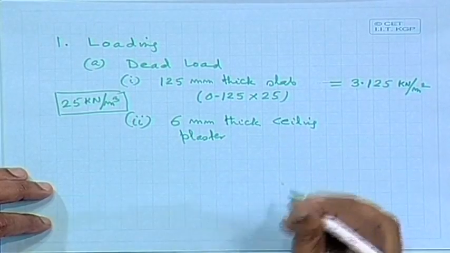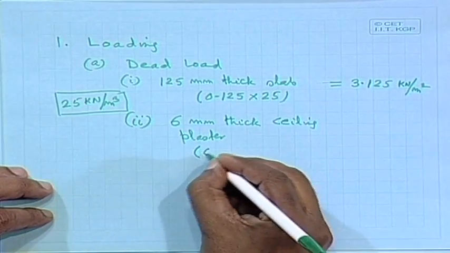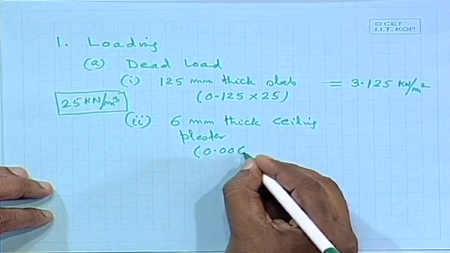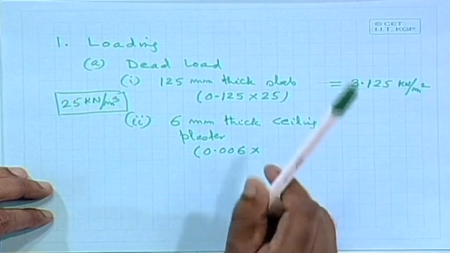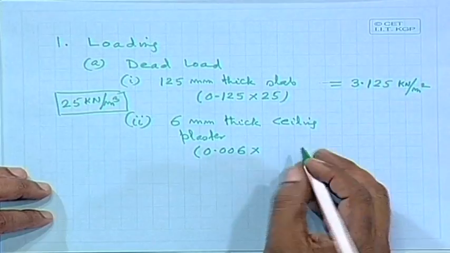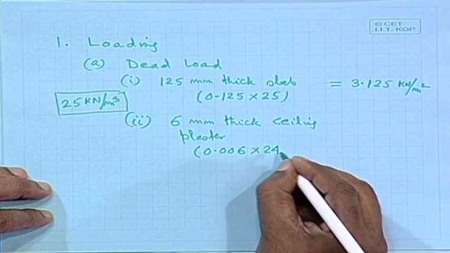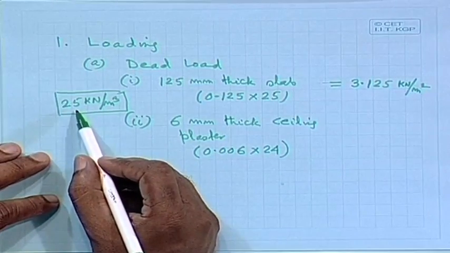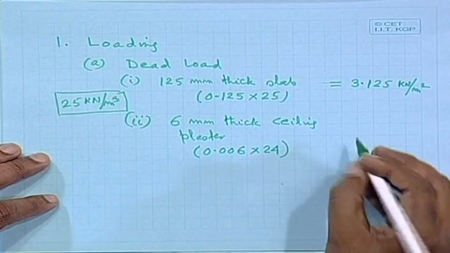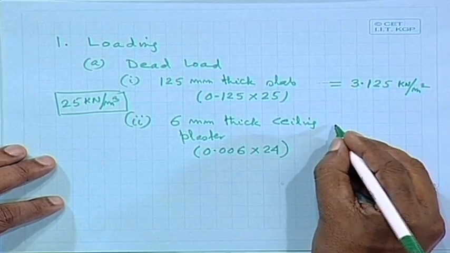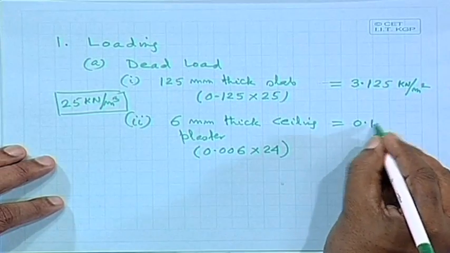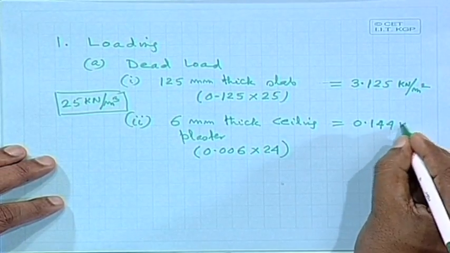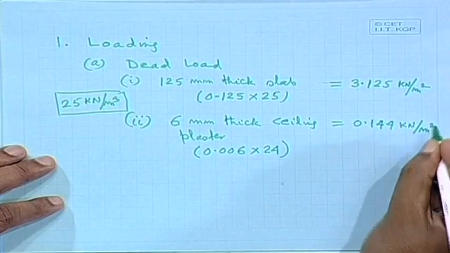So, from the bottom we are providing the 6 millimeter thick ceiling plaster, and that will be 0.006 times, here we shall not take 25, instead we shall take 24, because the RCC is reinforced and here it is plain. So, plaster comes as 0.144 kilonewton per square meter.